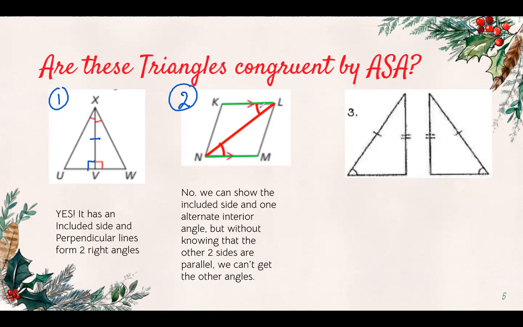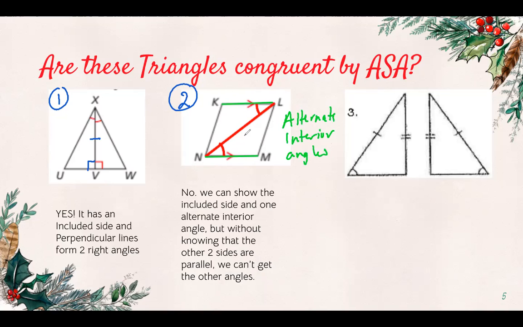So these angles right here and here are considered alternate interior angles because they are formed by some parallel lines and a transversal.